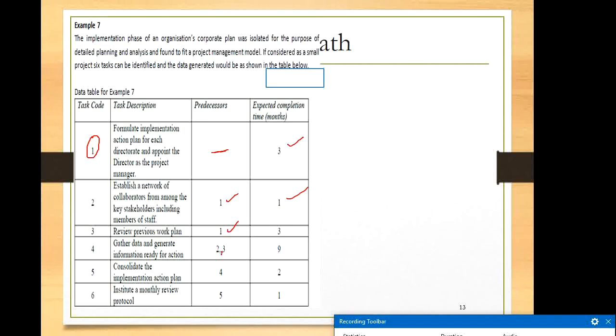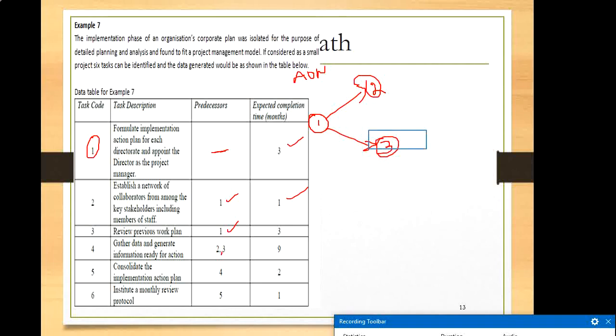And institute a monthly review protocol: 5 must be completed. Now we look at here. Suppose we take activity on node, AON, right? 1 must be completed for both 2 and 3.